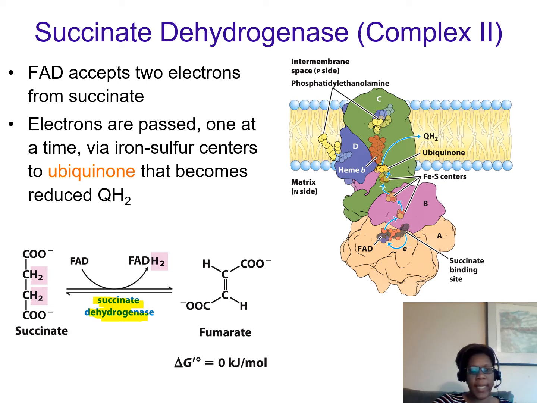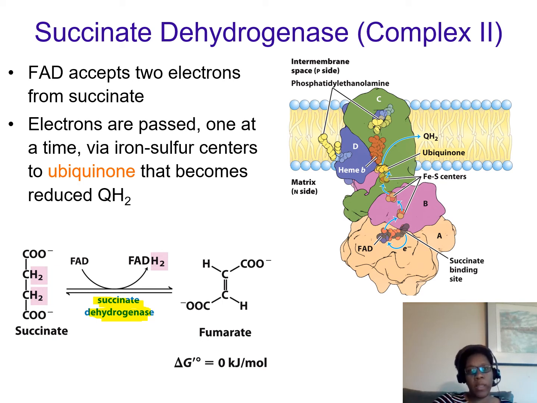It's the exact same reaction where we take a succinate that's created in the citric acid cycle. We transfer 2 electrons, because we're going to create this double bond here, to FAD. We're going to get FADH2. So FAD accepts 2 electrons from succinate. We saw that in the citric acid cycle.